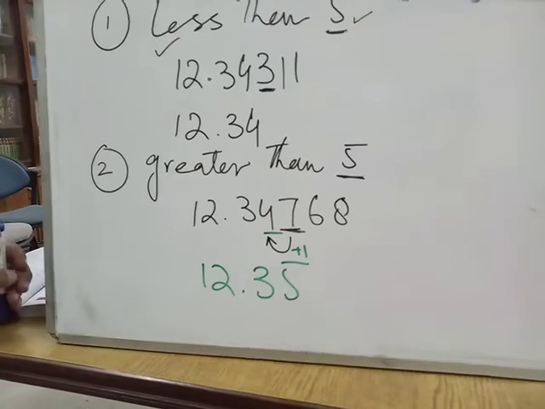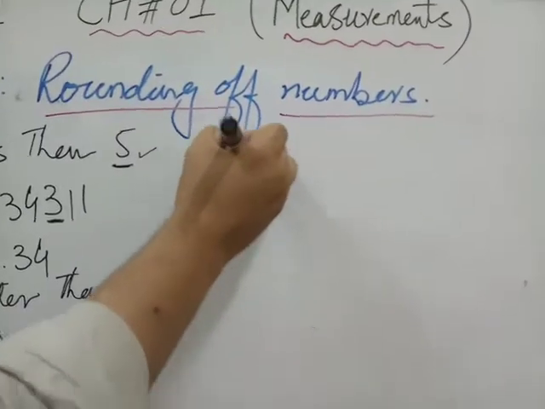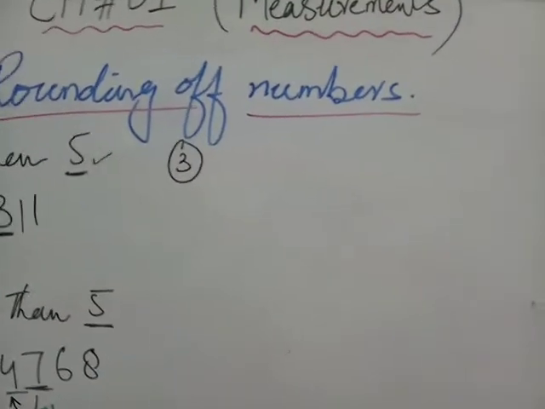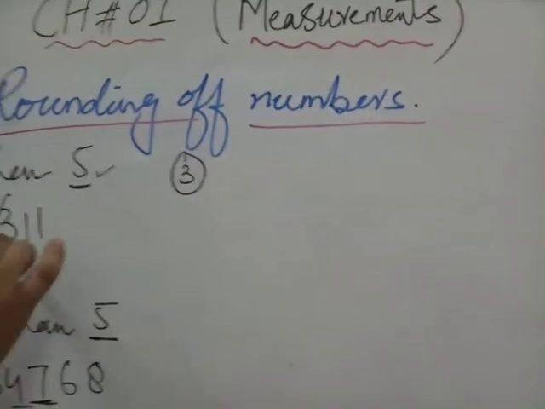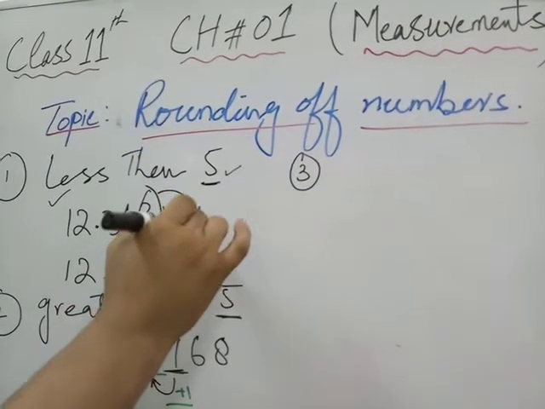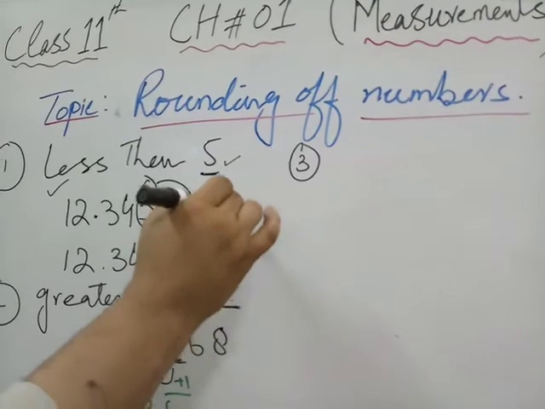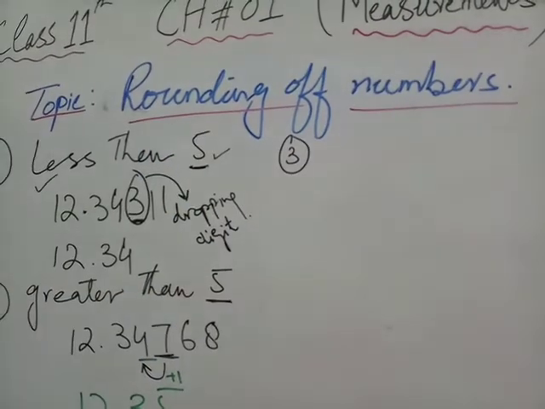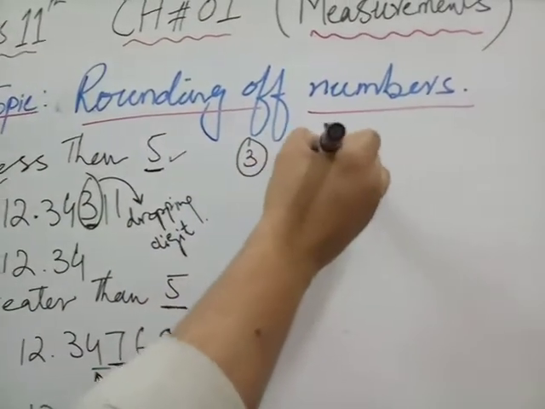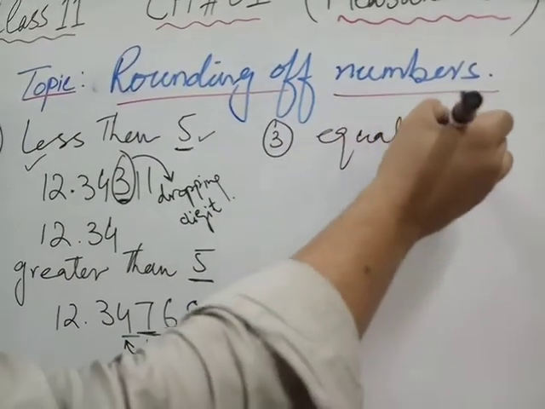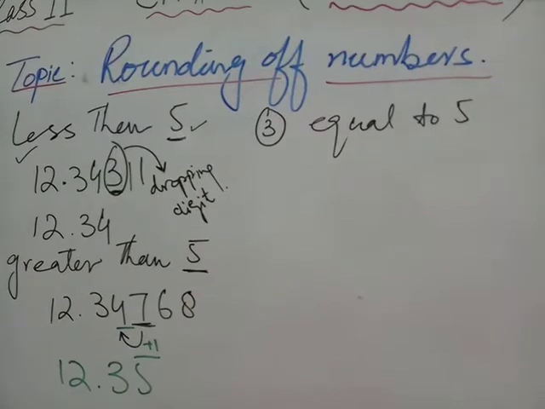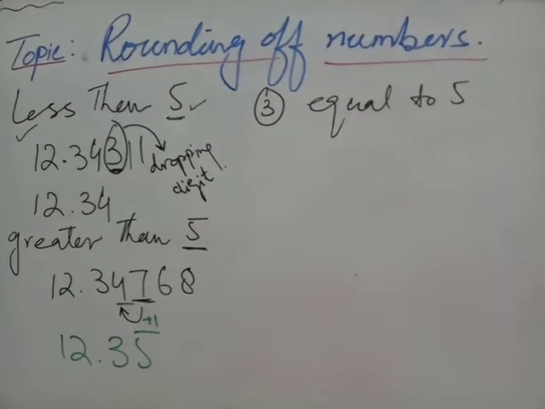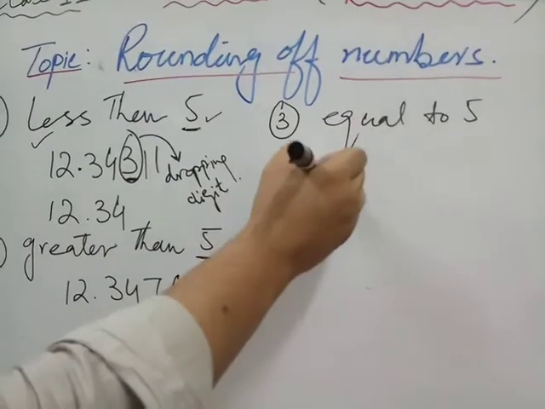Now rule 3. If the dropping digit is equal to 5, the following 2 situations may occur.